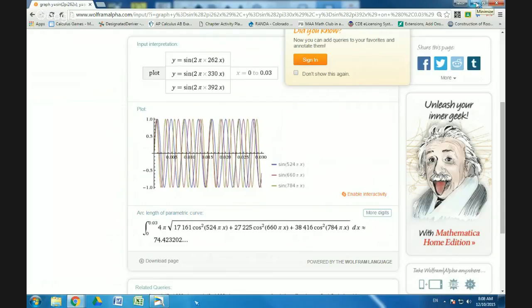Basically you're going to put this graph on there and say the sound waves for the C, E, and G notes intersect at 0.015, which is a very short time interval and indicates that the notes are in harmony, or they are consonant. Just one little sentence explanation of that.